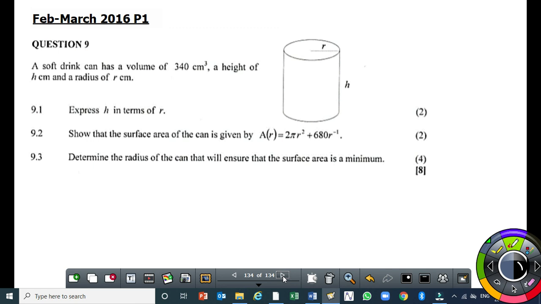Like this. The volume of the can is 340 square centimeters. A height of 8 centimeters and a radius of r centimeters. Right? Now, 9.1 says express h in terms of r. How do you calculate the volume of a cylinder? Do you still remember? This is height.